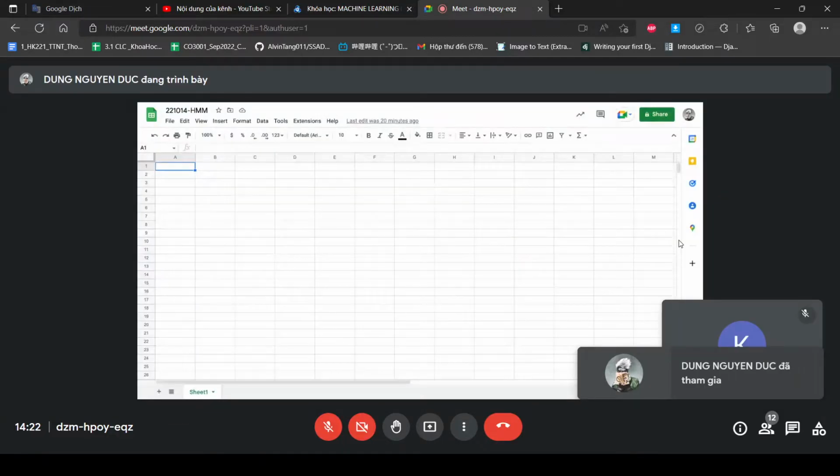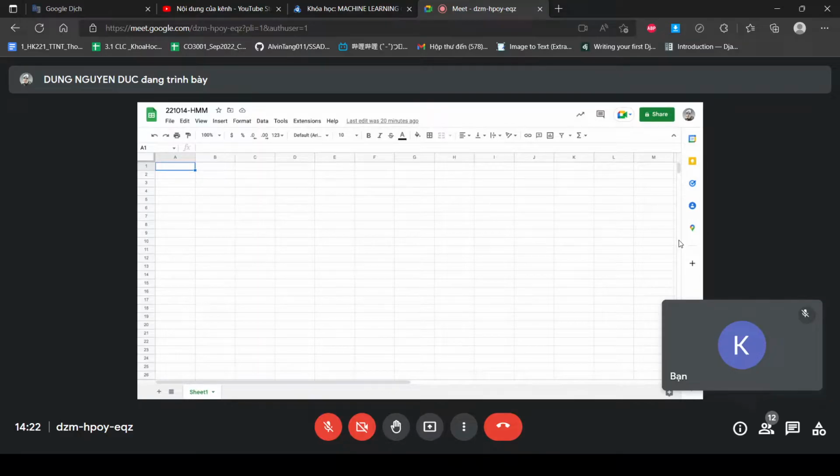Nothing here, of course. So I'm going to fill in a bit of information. First, according to the example that we discussed last time, we have the transition probability as well as the emission probability. So I'm going to make it into a table.